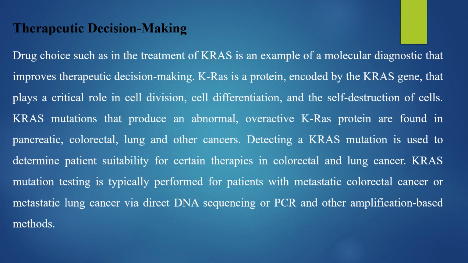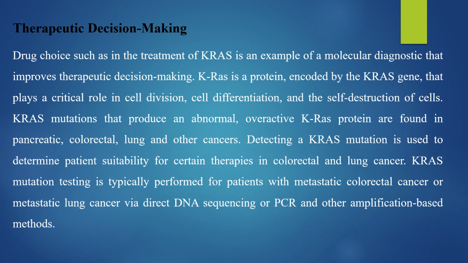KRAS mutations that produce an abnormal, overreactive KRAS protein are found in pancreatic, colorectal, lung, and other cancers. Detecting a KRAS mutation is used to determine patient suitability for certain therapies in colorectal and lung cancer. So if a person has that gene or that mutation, then the concern is raised.